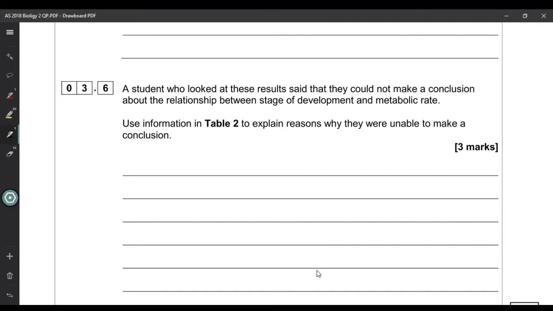So first off, if we go back and look at the table, there wasn't any information about the uptake of oxygen for the eggs. So we can't draw any conclusions to do with that stage. You can't compare all of the stages. So that's the first thing we can put, that there was no information about the egg.